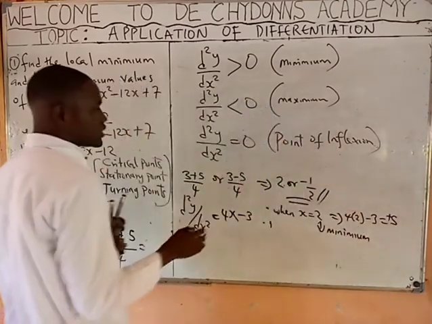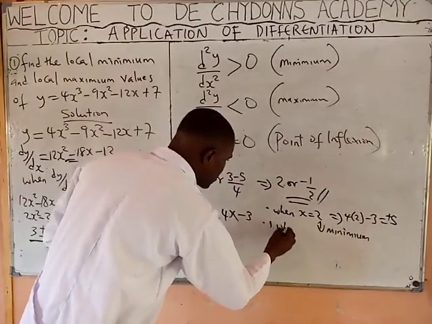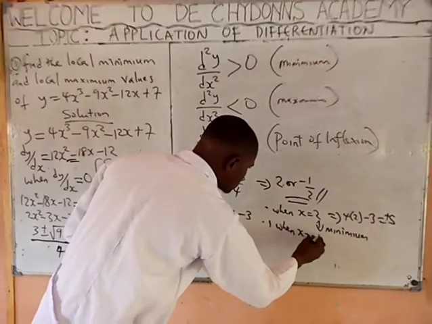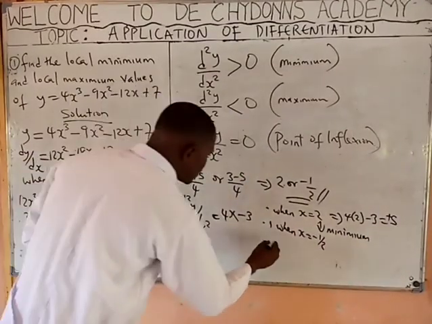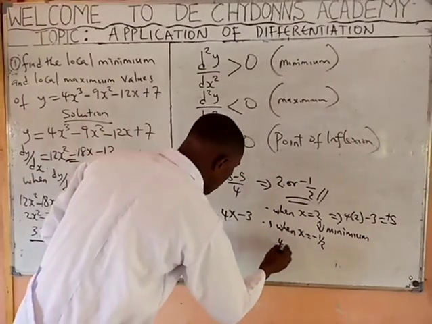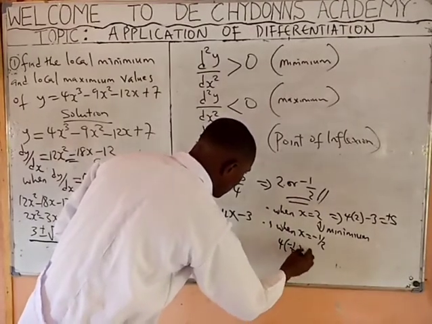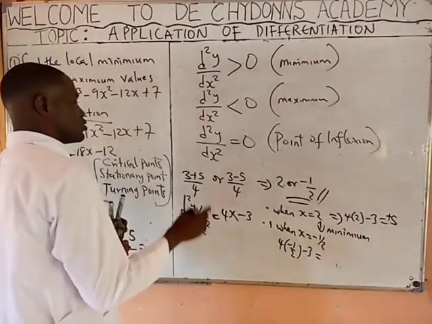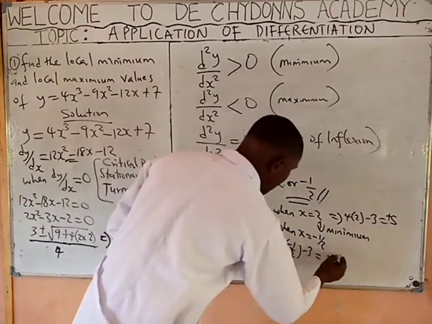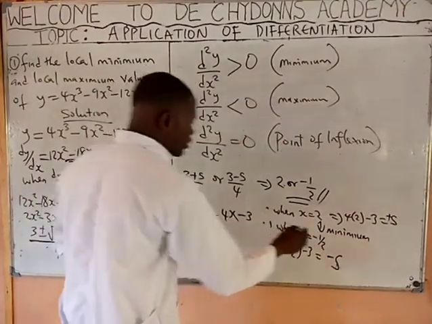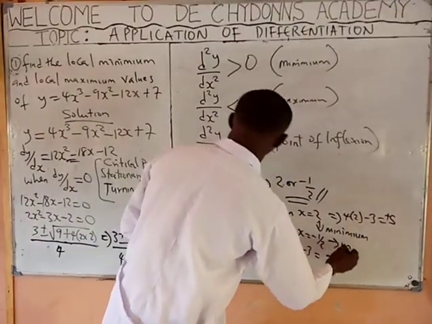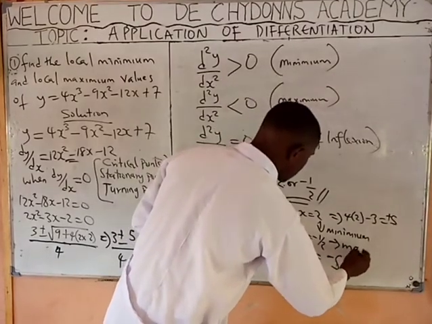Then when x equals minus half, you put it here. That will give you 4 bracket minus 1 over 2 minus 3, which is minus 5, negative. So this will be the maximum value.